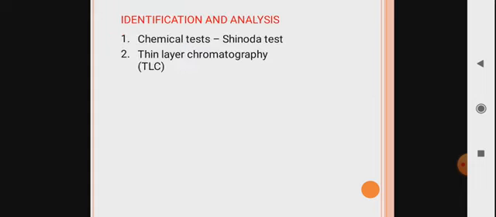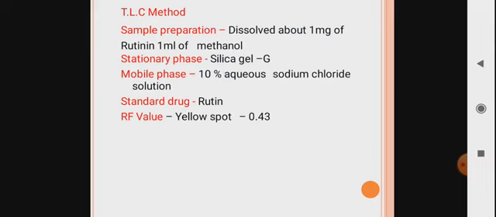Identification and analysis: chemical test, that is the Shinoda test. The Shinoda test is specifically used for the identification of flavonoids, here used for the identification of rutin. Thin layer chromatography is used for analysis. Sample preparation: dissolve about 1 mg of rutin in 1 ml of methanol.